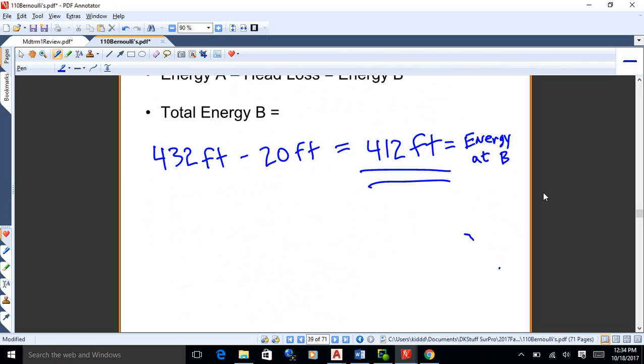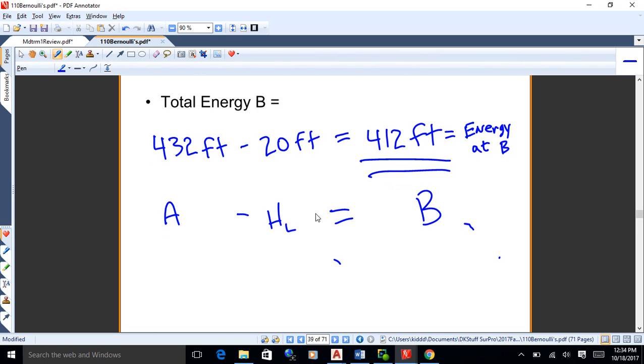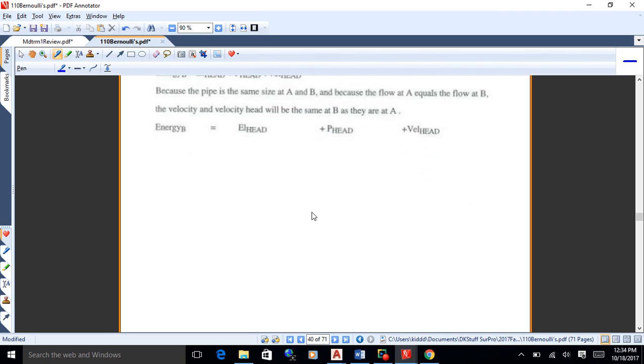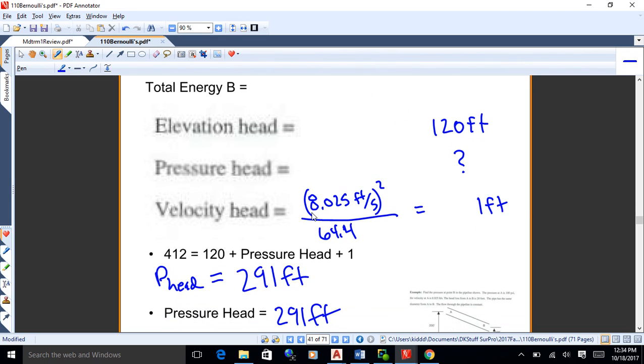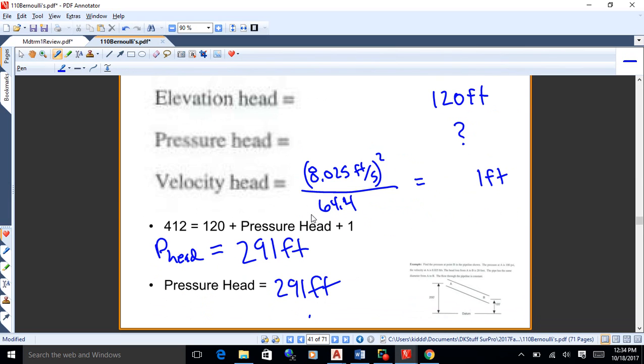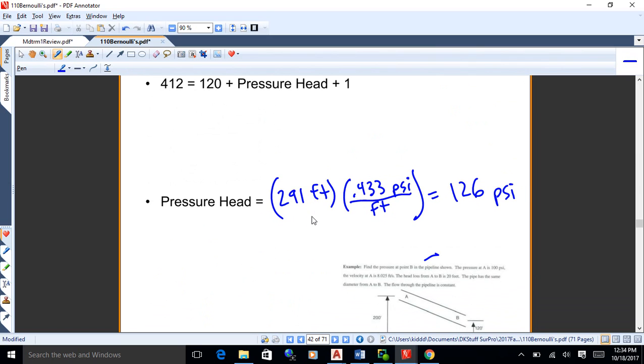We started off with 432 at A, and then we subtract off the head loss, and that gets us what we got at B. Then we use that 412 and see how it's divided up between elevation and pressure and velocity. And then we convert what's left over for pressure head back into PSI.